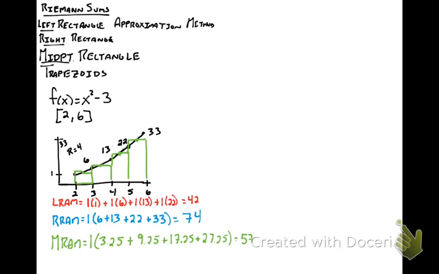For the final method, the trapezoid method, I'll reset and I'll do the trapezoid method in a different color. When I'm using the trapezoid method, I'm just taking the area of various trapezoids. So first let me sketch them in. My first trapezoid, again, goes from 2 to 3, and it's got a base at 3 and a base at 2.